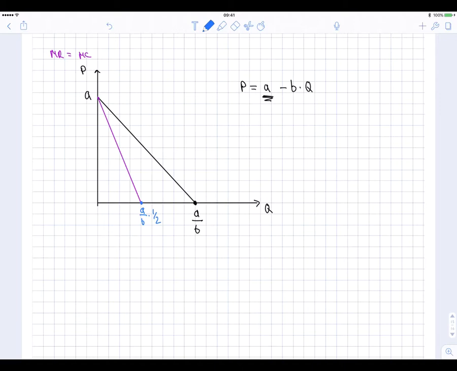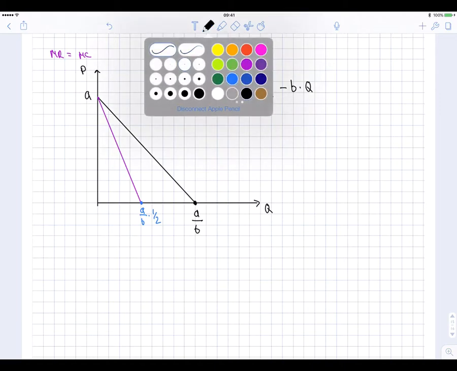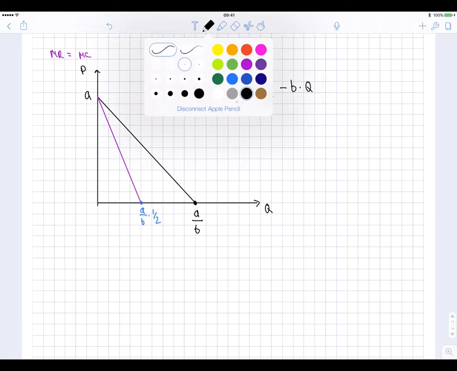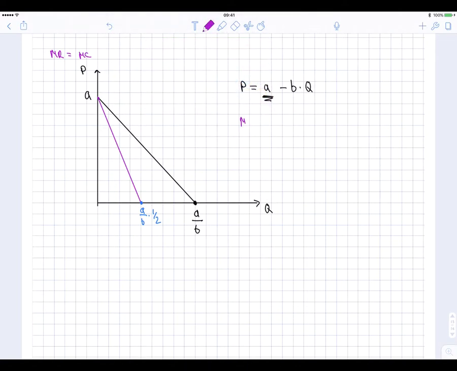Agree? In other words, the marginal revenue line, if I do it in purple, as a function of Q will equal A, because it has the same y-intercept, but the slope should be double. So minus 2B times Q.